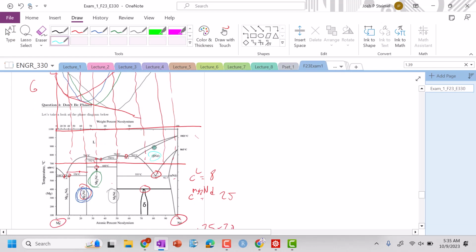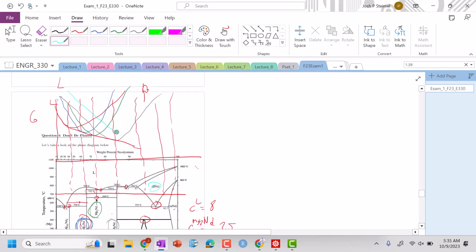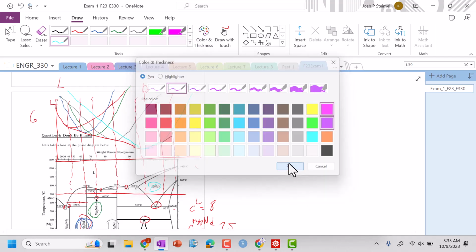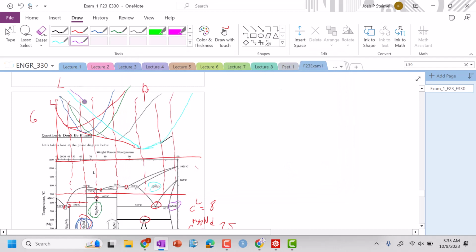So my beta is going to be here. Now the beta is going to go here, touch, kind of hang out, and then I'm going to have another common tangent that looks like this. I'm going to touch here, hang out, get out of there. Then I'm also going to bring in my purple. Purple is going to be this, and then I'm going to bring this in over here and then hang out.